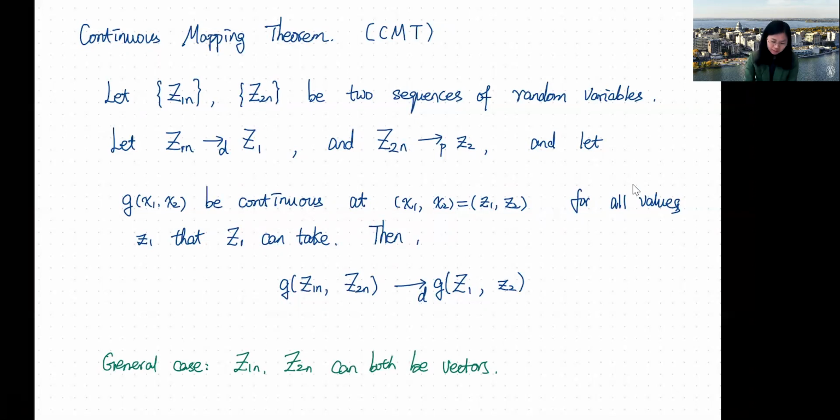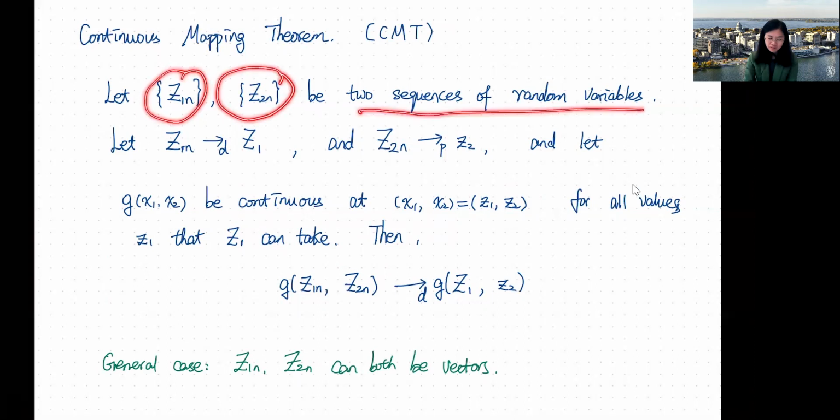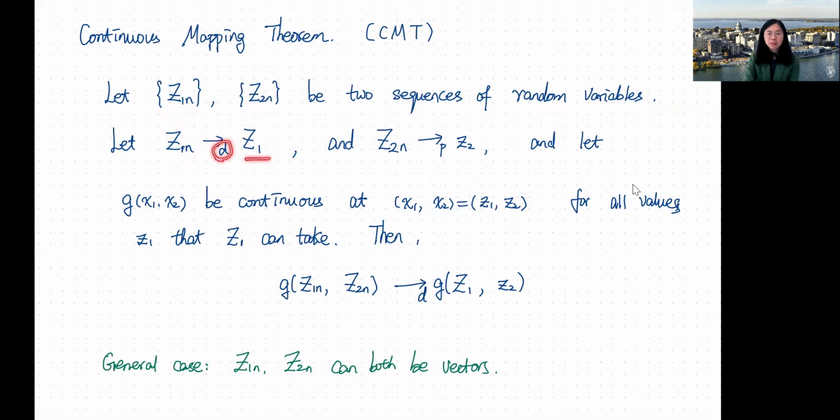It considers the scenario where you have two sequences of random variables, Z1n and Z2n. Suppose the first sequence converges in distribution to another random variable Z1. So Z1 is typically a random variable.